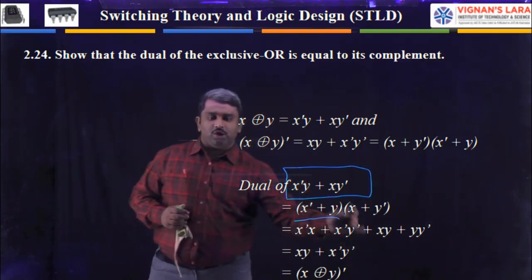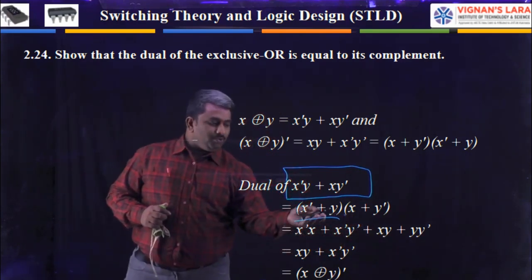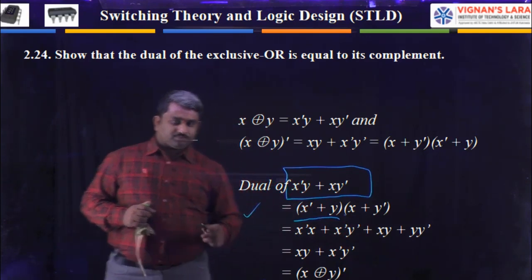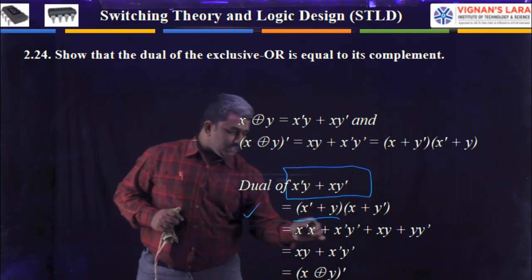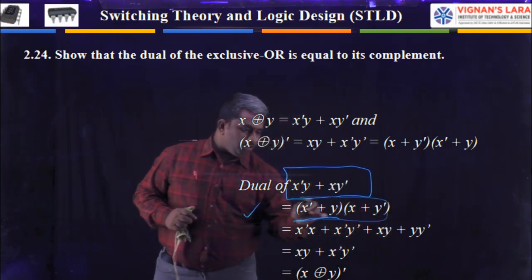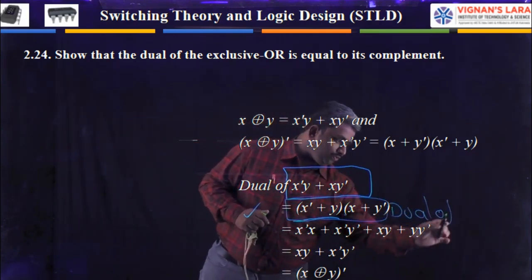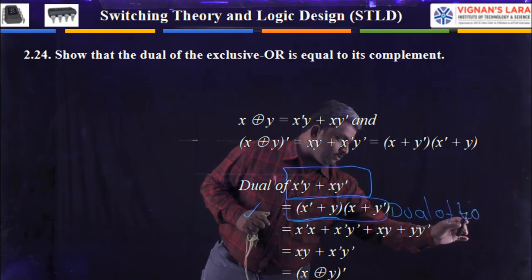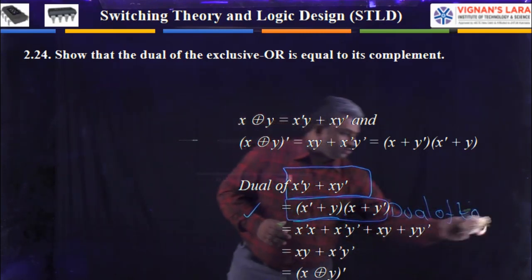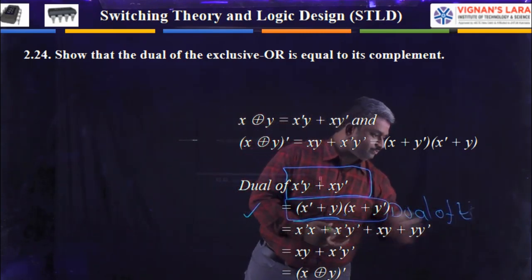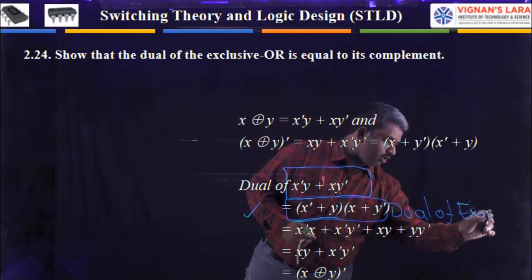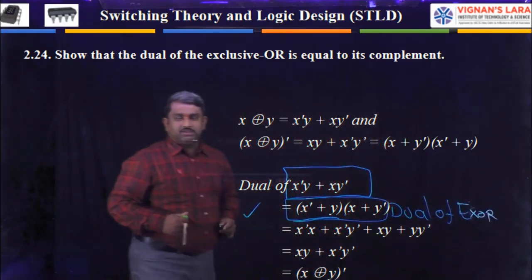This is the dual operation. This is the final function, the output function of the dual form. This is the dual of XOR.